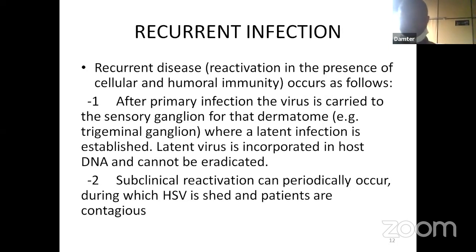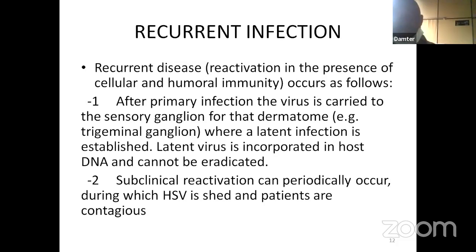And the recurrent disease occurs due to reactivation of the virus, which is usually latent in the sensory ganglia of most nerves. After primary infection, the virus is carried to the sensory ganglion for that dermatome, for example the trigeminal ganglion with respect to the eye, where it becomes latent and is established.